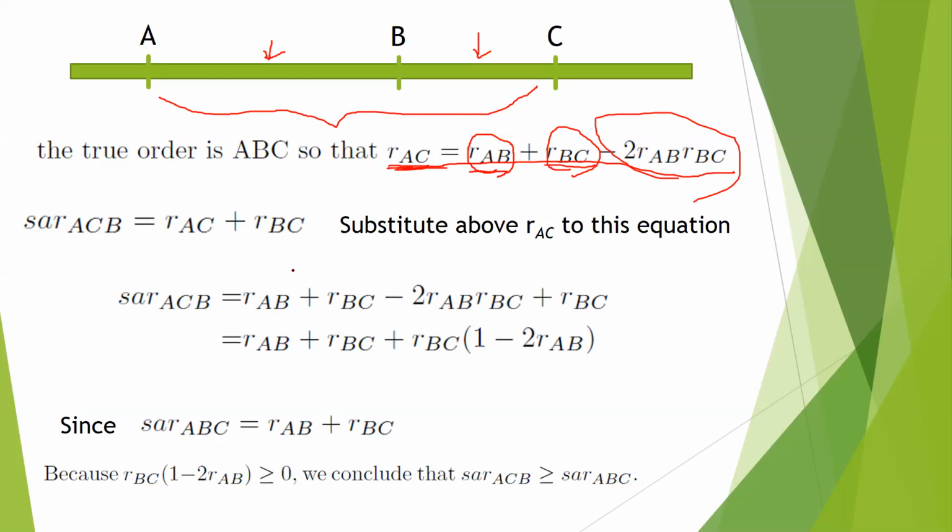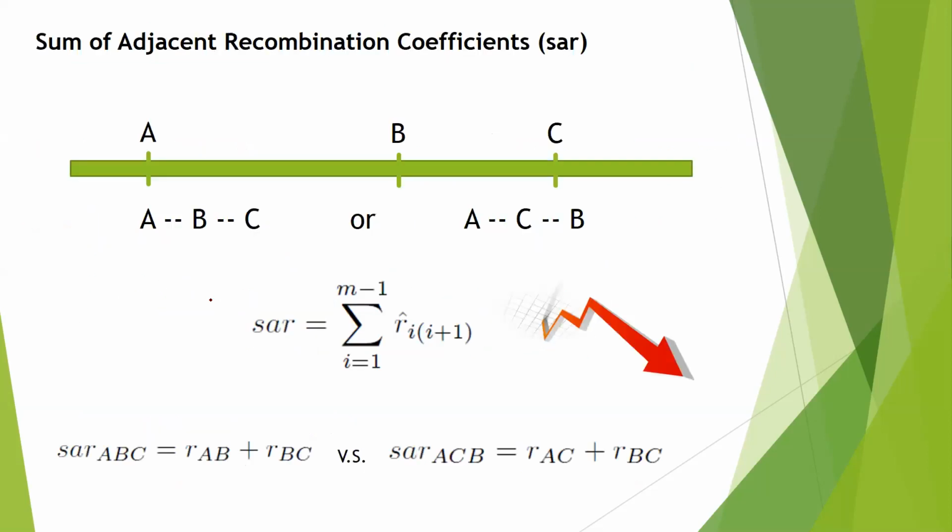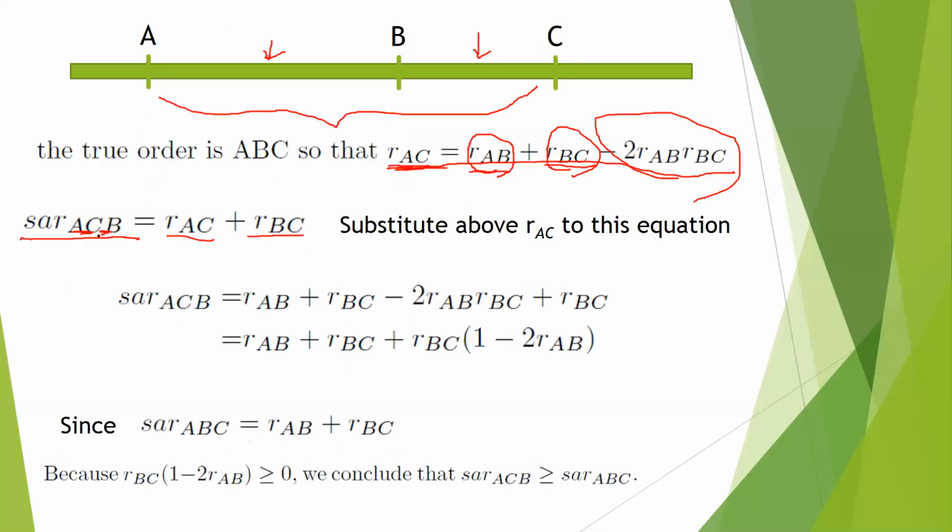Yep. Okay. Now let's calculate the SAR ACB first. So by definition, SAR ACB equals this plus this. Is that right? Yep. Adjacent. Mm-hmm. So this is the definition actually. If you want to test this order, A, C, B, you need to calculate the SAR value for this order.